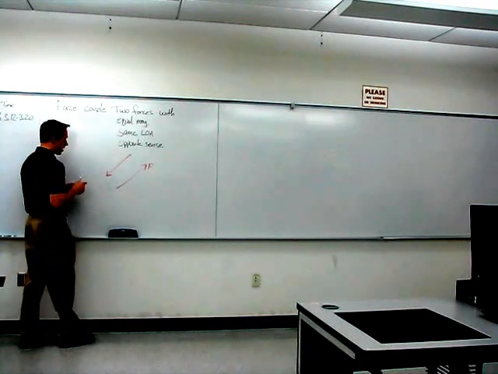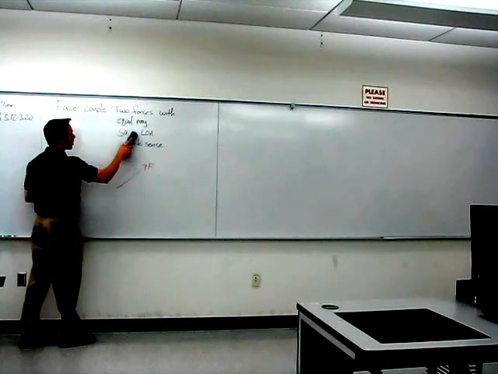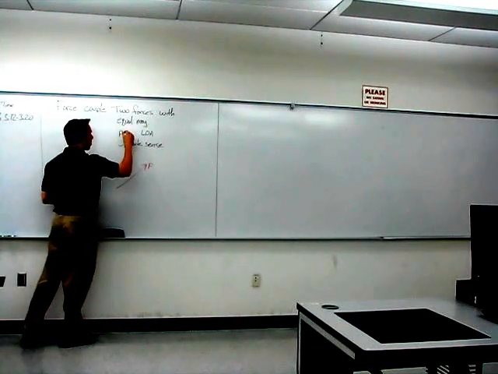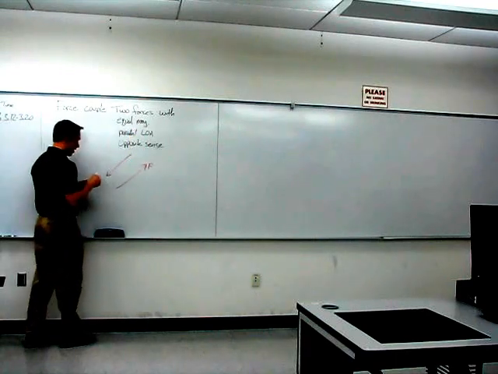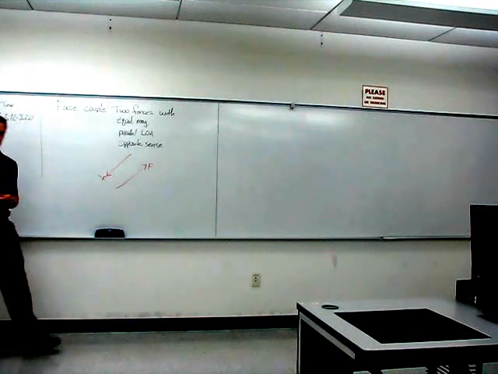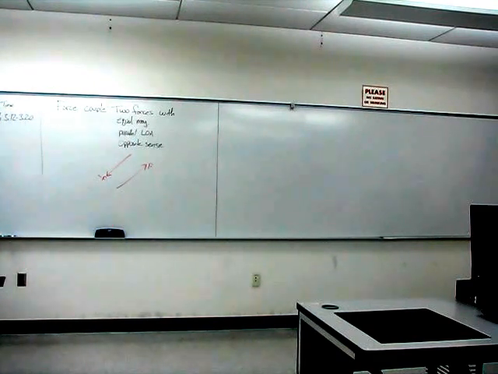When I say same line of action, I should probably say parallel, because if it was the same, they would lie right on top of each other. So let's call it parallel lines of action, and then opposite sense. Maybe I'll call that one the minus F vector. It's the same magnitude, just pointing in the opposite direction. It doesn't have to have the same line of action, but it does have to have a parallel line of action.